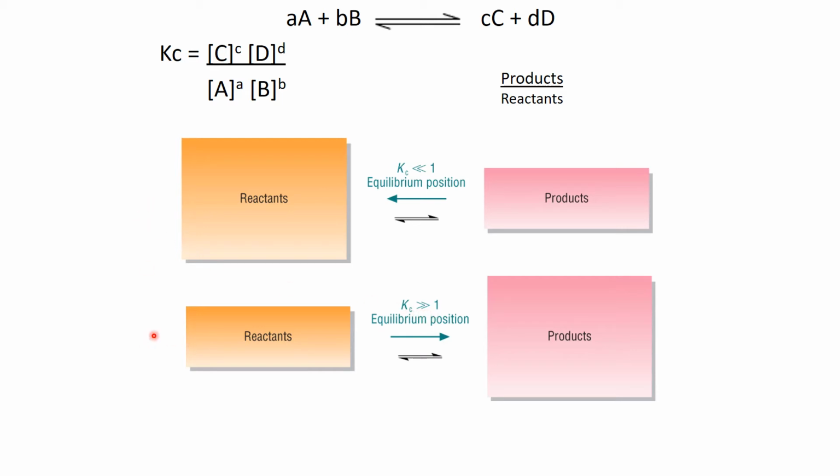In both instances, the concentrations of the reactants and the products are not changing in time. This simply shows the position of that equilibrium, either lying far over to the left-hand side or far over to the right-hand side.